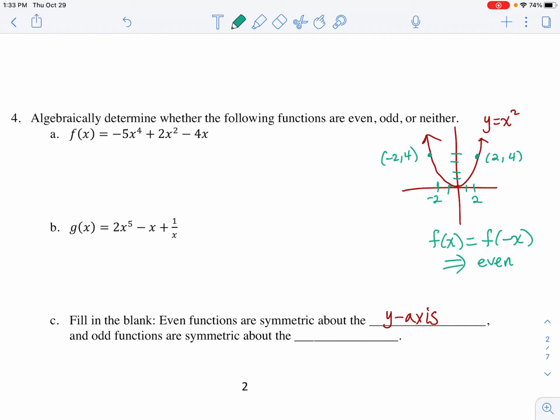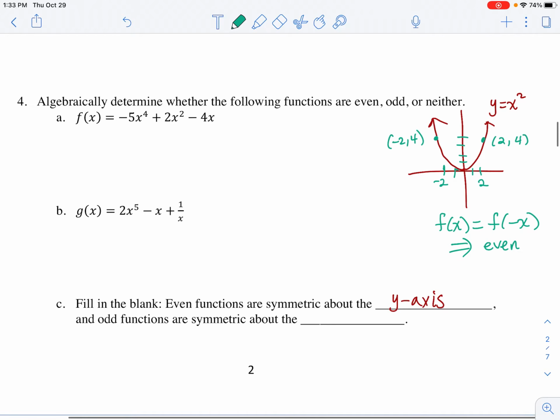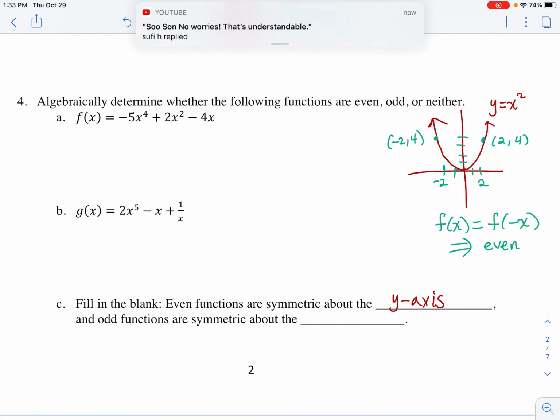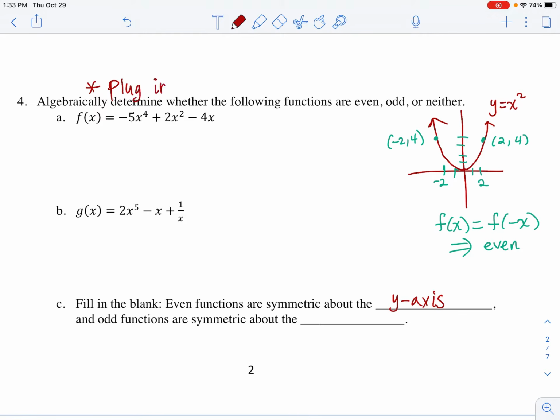Then the graph will be symmetric about the y-axis. So remember how I told you in class that if you get one of these problems, just plug in negative x. If you plug in negative x and it comes out exactly the same, then we're going to say that the function is an even function.